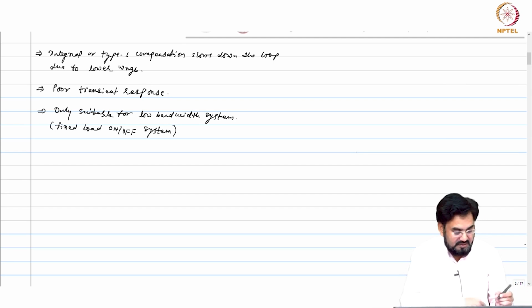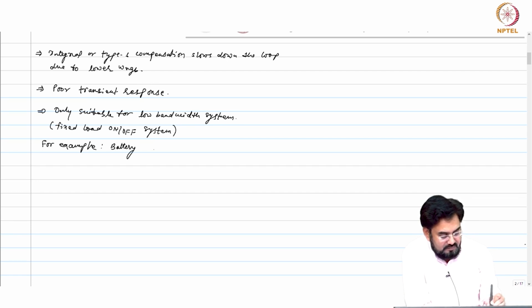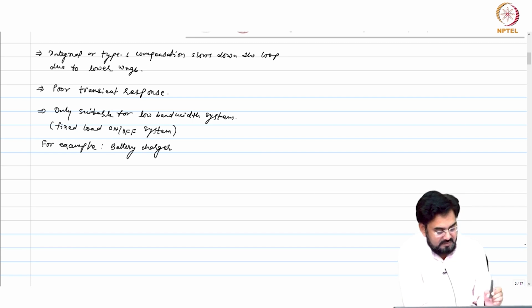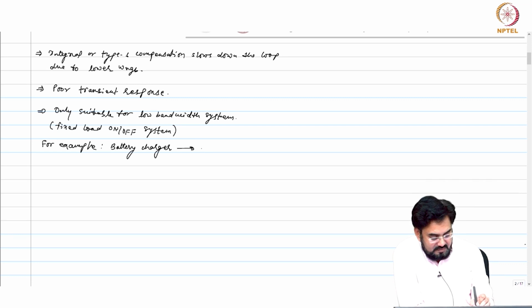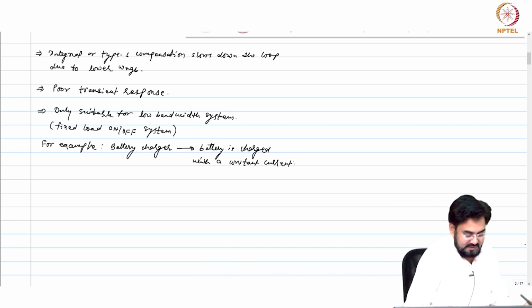The example was your battery charger, so battery is charged with the constant current. So, load is not variable.